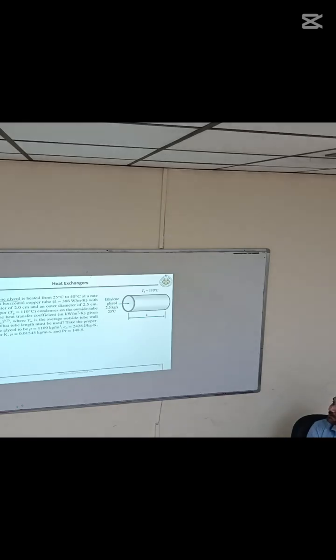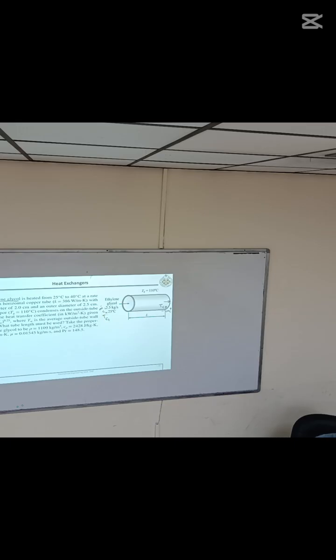Okay. Ethylene glycol is heated from 25 degrees. Heated means it is the cold fluid. All right. So this is TCI. Heated from 25 to 40 degrees Celsius, so this is TCO 40. At a rate of m dot, so m dot of cold fluid is given. So you should use these terminologies, these symbols.